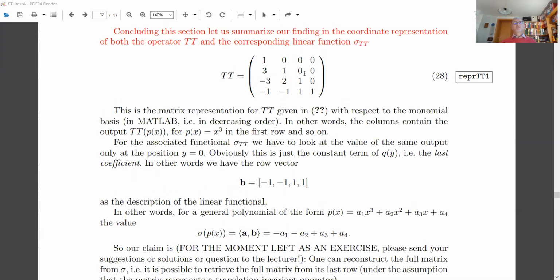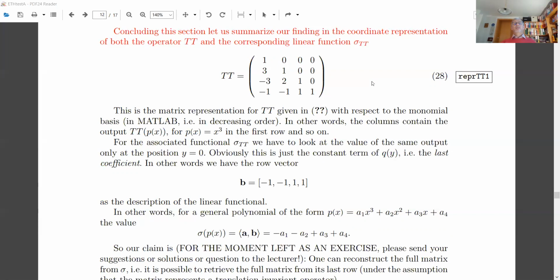So the question is, how do you get such a matrix? Then you have to recall a general linear algebra fact. If somebody is giving you a basis, in our case the monomial basis consisting of x to the third power, x squared, x, and the constant 1, which is x to the power 0, in MATLAB order, and you insert into your system the cubic polynomial, the square, and so on, and you write the output in the coordinate system.